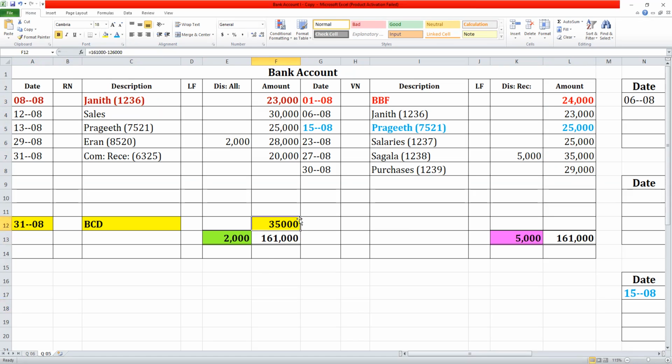If the payments exceed the deposits, it's an overdrawn balance. Now, on the following month, that means on 1st of September, we have an overdrawn balance of 35,000. See.